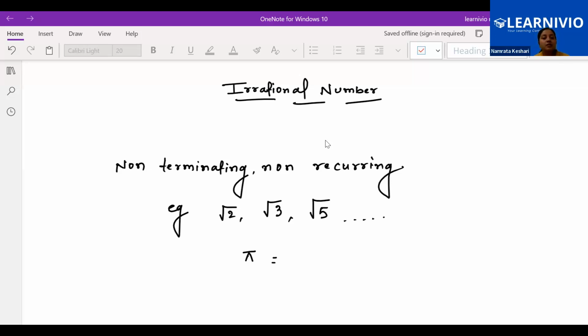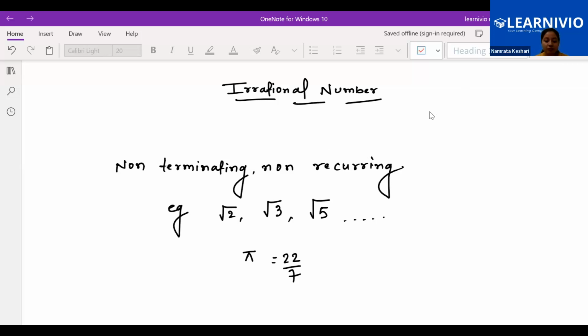However, we take pi as 22/7, but 22/7 is just the approximate value we take for doing calculations in any question, but pi is not equal to 22/7. Pi is approximately equal to 22/7, not exactly equal. Okay.